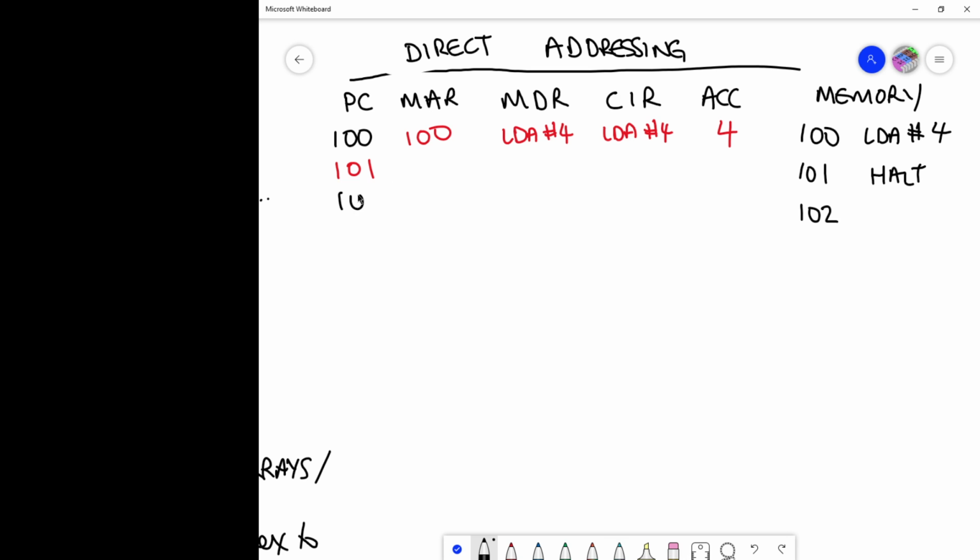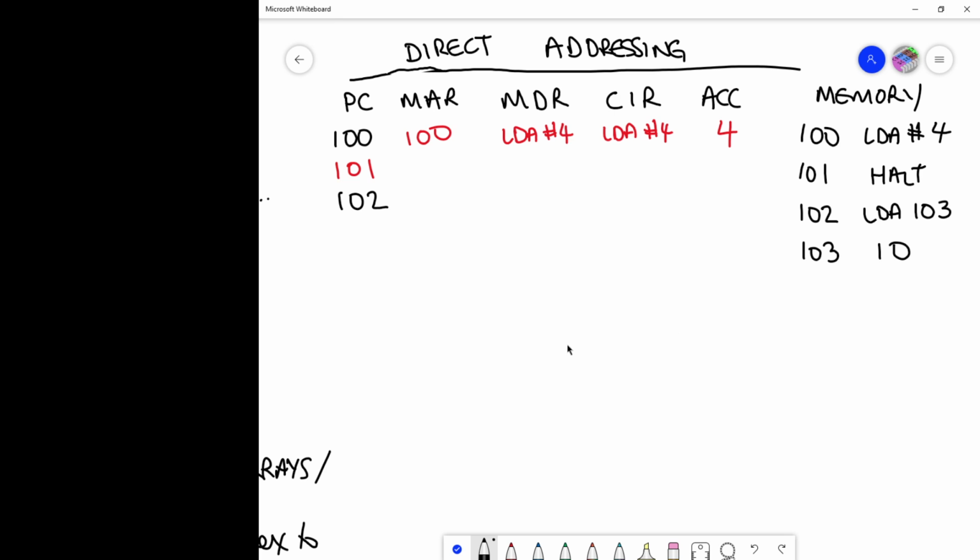I'm going to update my PC to 102. Don't care what's in the other registers, and I'm going to have this LDA 103, and at 103 I'm going to put the value 10. Okay, so direct addressing means it is an address.